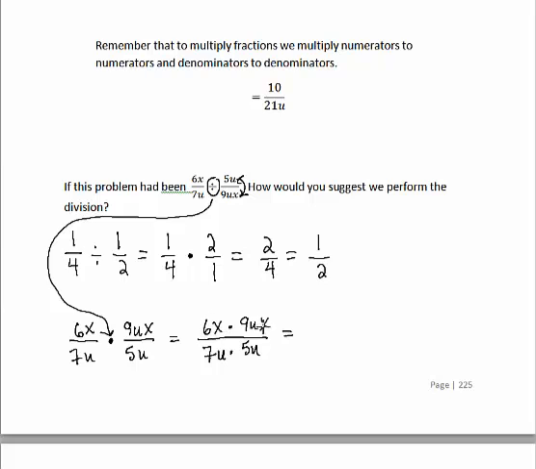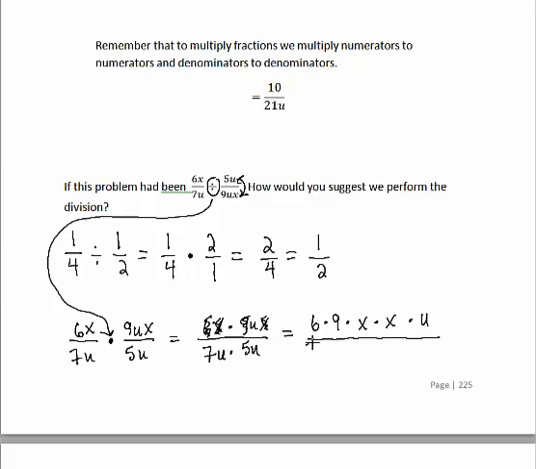Alright, we can rearrange the top in terms of coefficient times coefficient, x times x. That takes care of these x's, takes care of the 6 and the 9, and then we have a single u left.